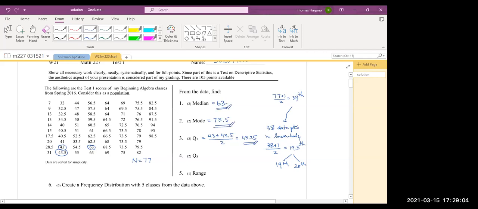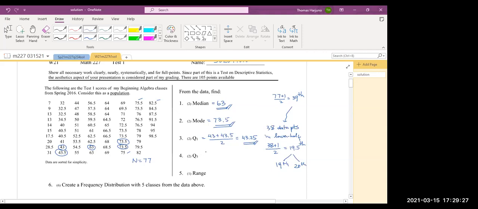Now, how about the third quartile? That's data number 19 and 20 from the top. There are 7 here, 17 up to here, 18, 19, 20, right?